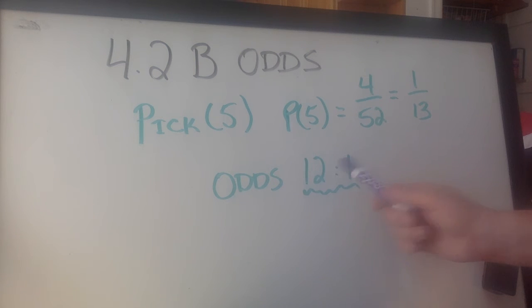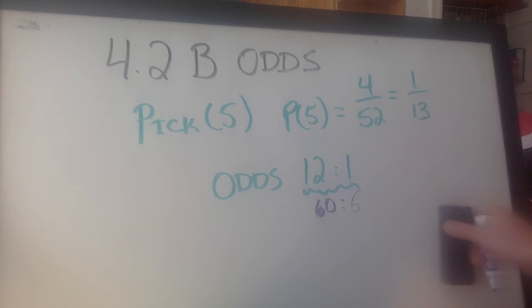So if I bet $5 and I win, I should get 5 times 12, $60 as my payment.